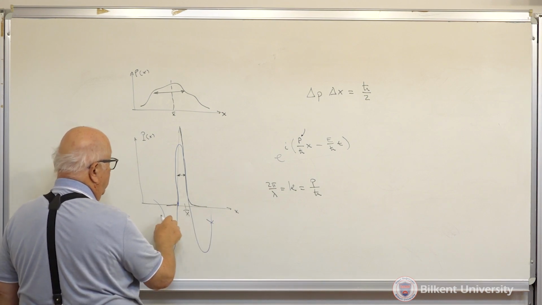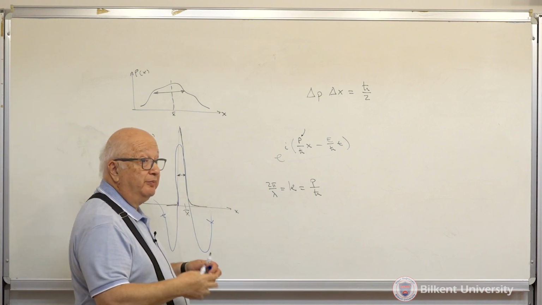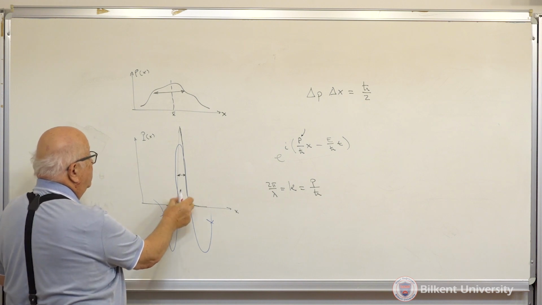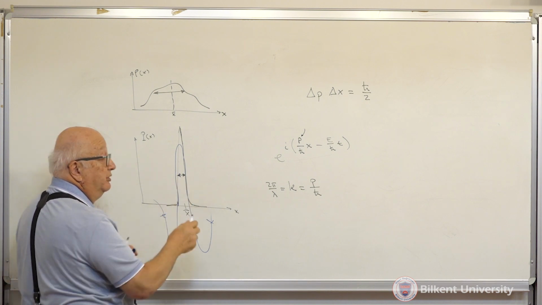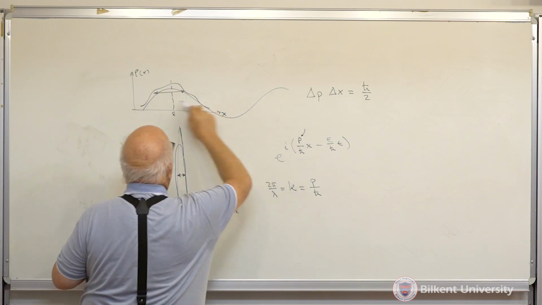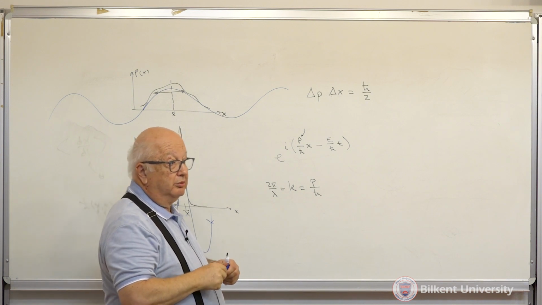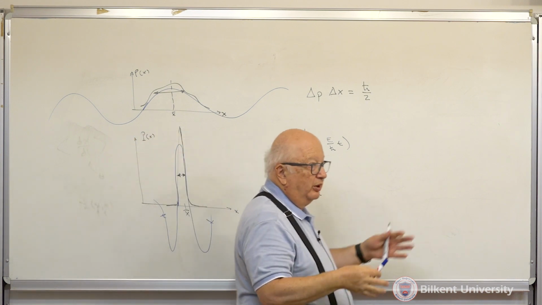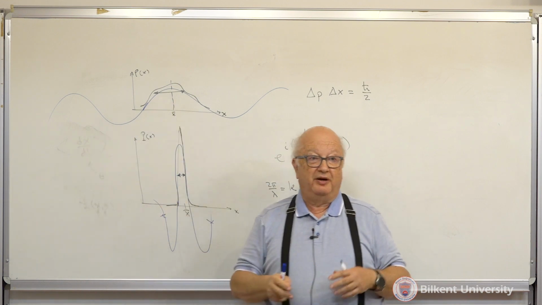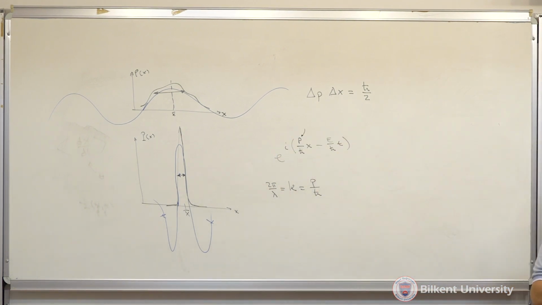Obviously, these parts I don't want, but to construct this actual major part, I would need a wave with a wavelength comparable to the width of this wave function. Whereas here, I could construct this out of a wave which goes like that.